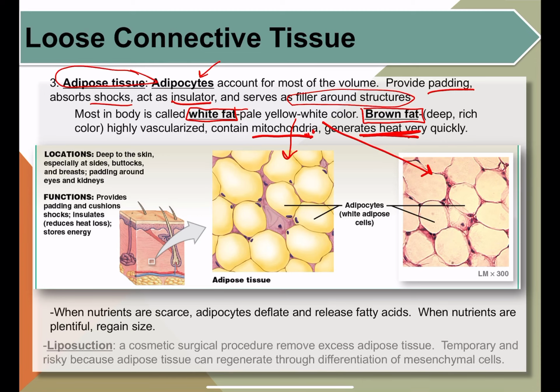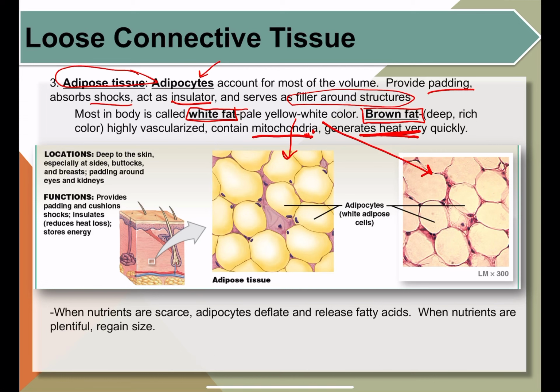The adipocytes will actually deflate in size, going from really round to a small shrunken state to release the fatty acids. And when nutrients are plentiful, they will swell in size and become larger. So that's why you end up with layers of adipose tissue, what we know as fat, when we eat a lot of food that we don't burn for energy.